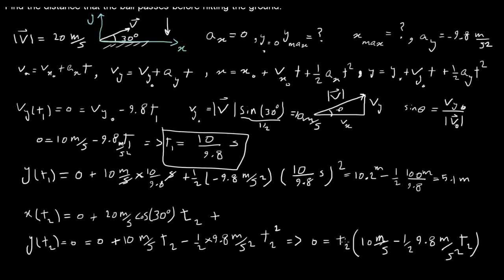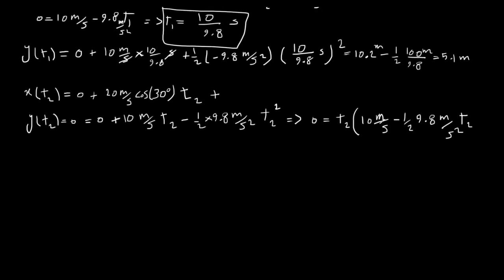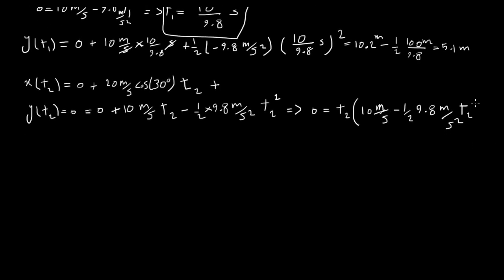So now the answer to this is either T2 is equal 0, which is not possible, or this inside the parentheses is 0. So therefore we need to solve for that equation. So therefore 9.8 meters per second square T2 divided by 2 equals 10 meters per second.